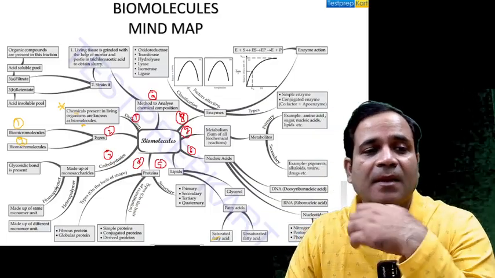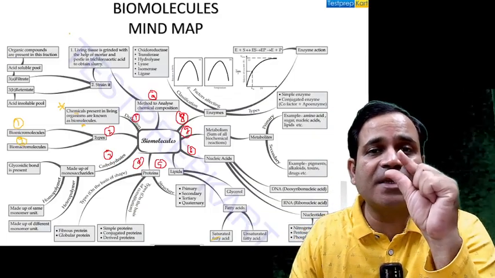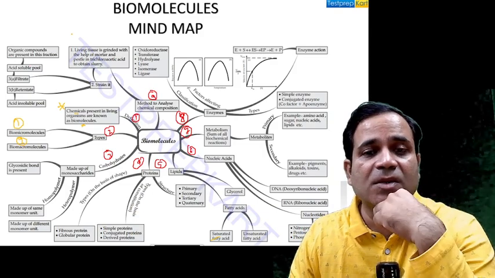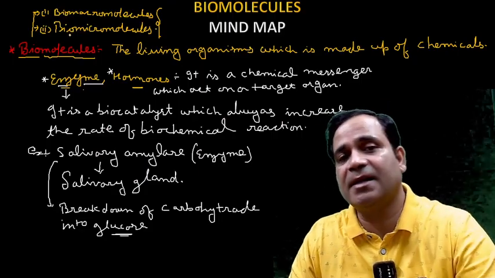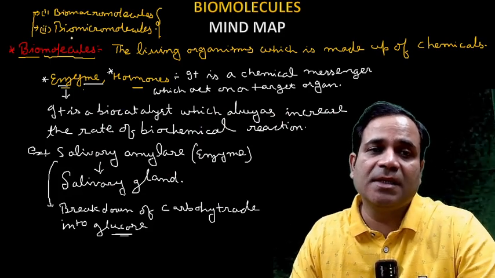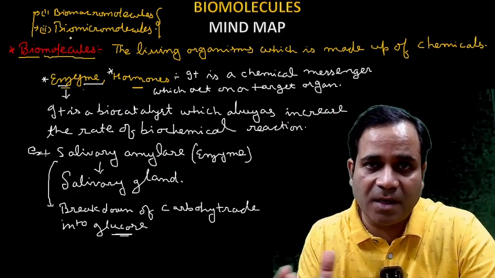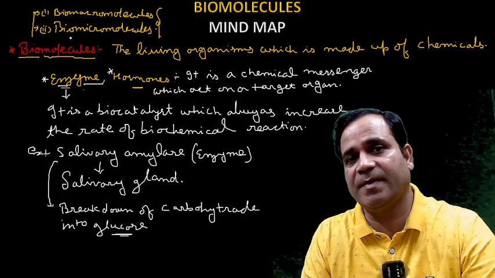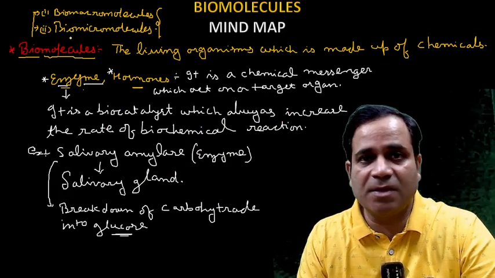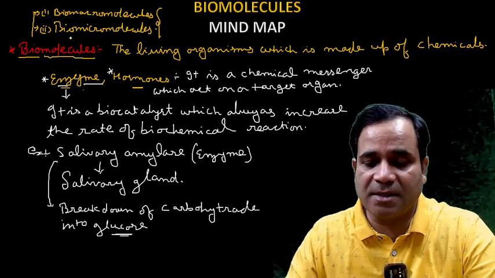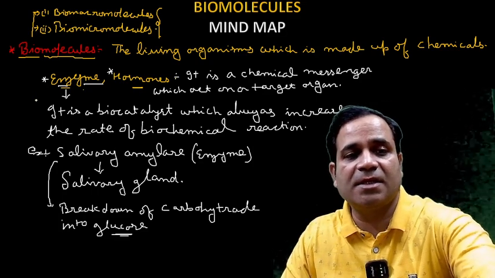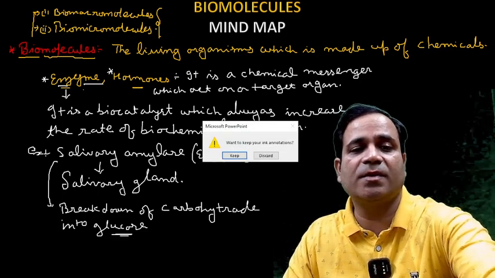Biomicro means small, macro means big. So if I say biomacromolecules, it means I am telling you about things which are in large amount, huge amount, my dear. The molecules are there, but their quantities are in large amount.